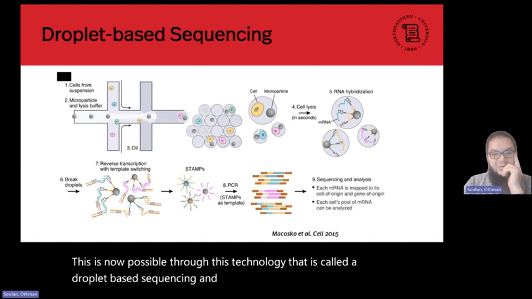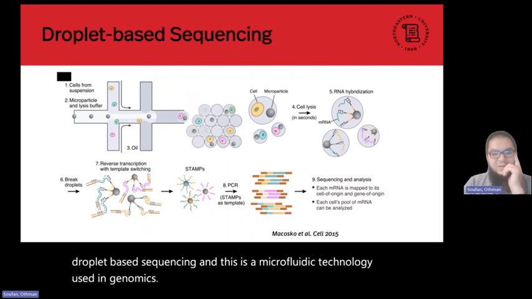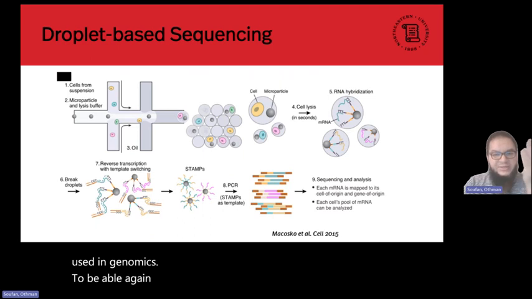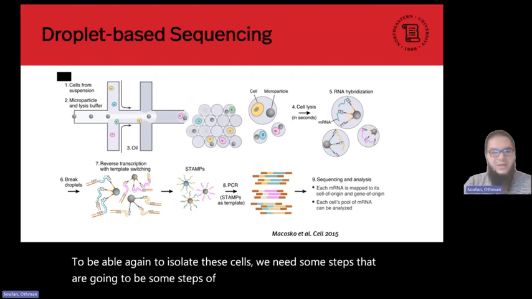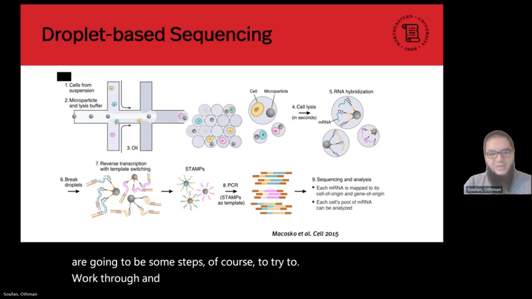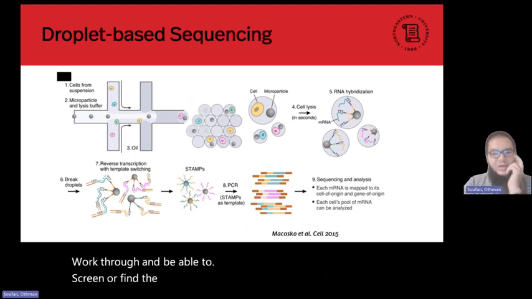This is a microfluidics technology used in genomics to be able to isolate these cells. There are going to be some steps to work through to screen or find the information of single or specific cells.